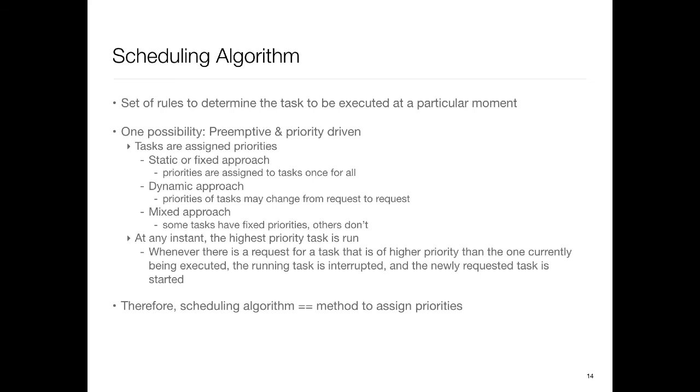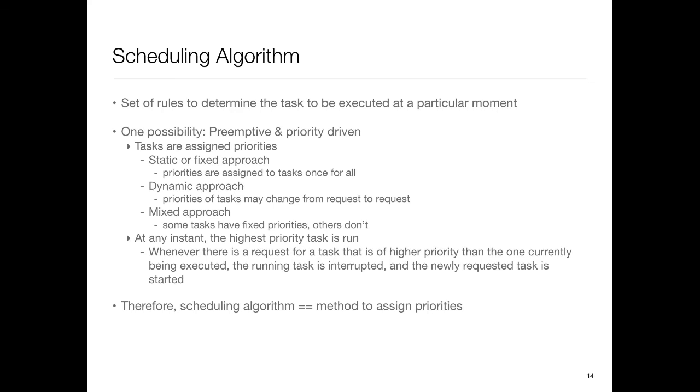For example, right now I have 5 hours to the deadline, so maybe my priority can be low. But as I come closer and closer to the deadline, maybe my priority should go up. So urgency becomes the notion of priority. You could also have priority based upon importance. A task which is going to protect the car from crashing is perhaps more important than a task which is aiming for fuel efficiency, let's say.